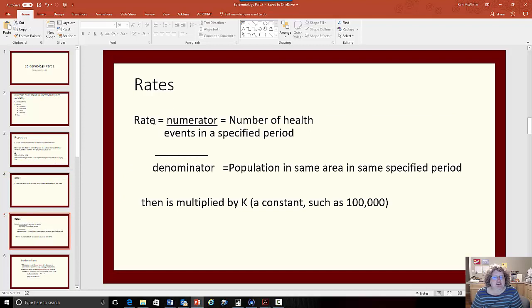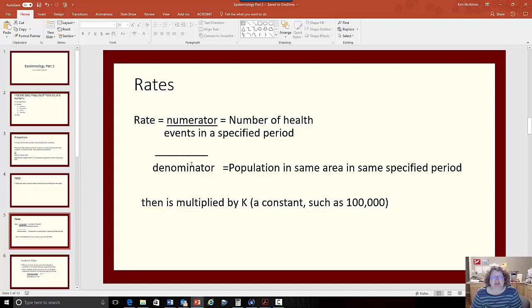When we talk about rates, we talk about a numerator, which is the number of health events in a specified period. It could be an illness, it could be an exposure to some type of toxin or other type of issue. And then the denominator would be the population in the same area in the same specified period.